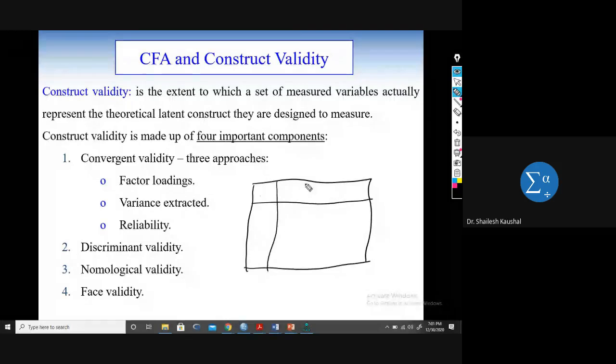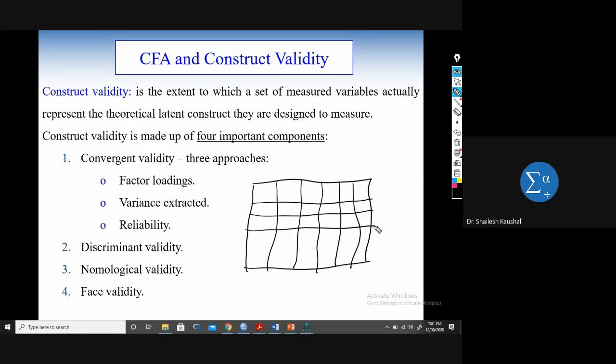So this is my table, the discriminant matrix. The AVE, average variance extracted, is on the principal diagonal, with factors F1, F2, F3, F4, F5.